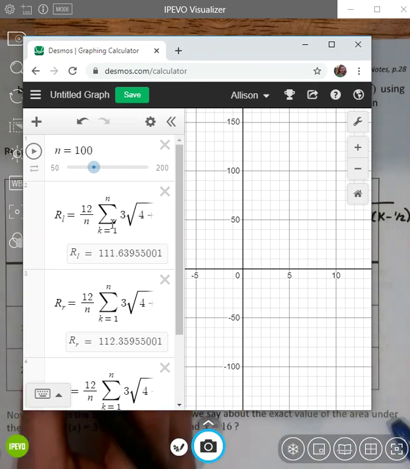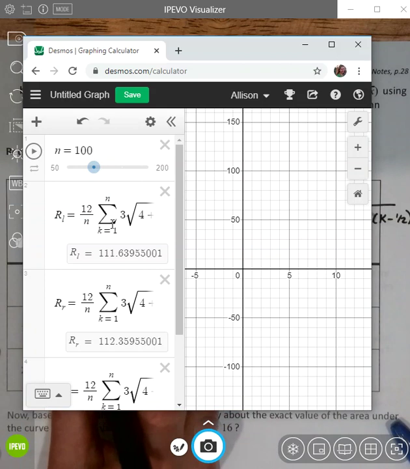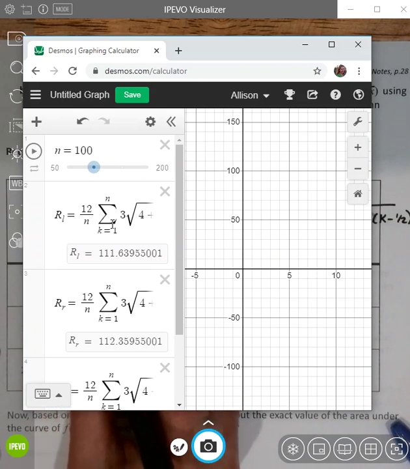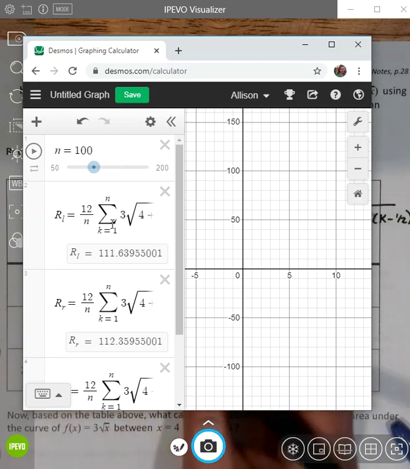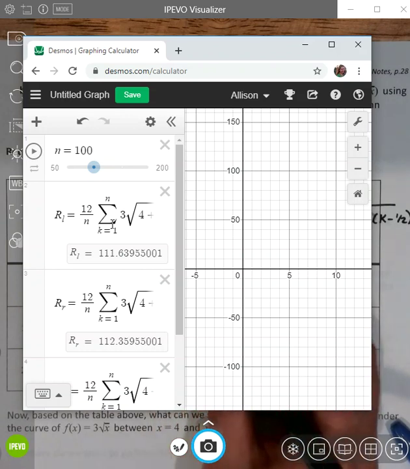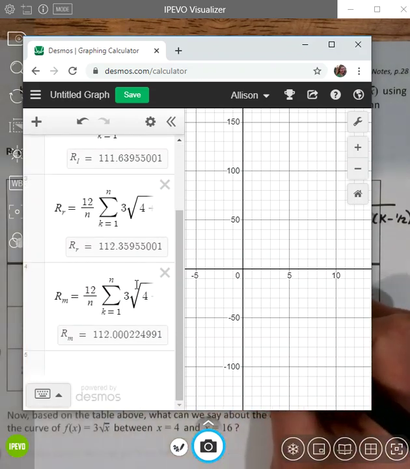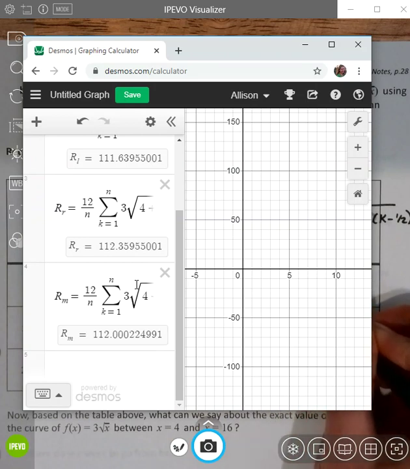For 100, the left is 111.63955. The right is 112.35955. And the mid is 112.000225.